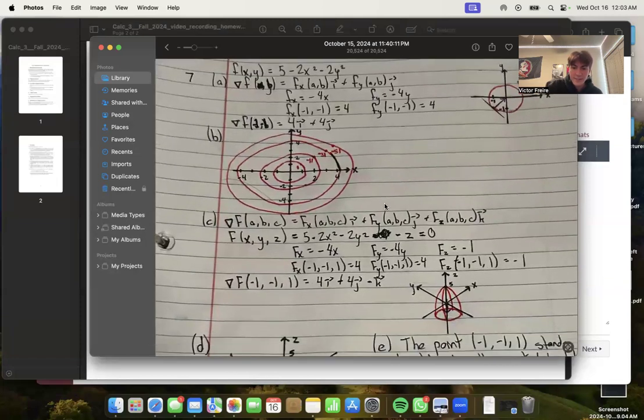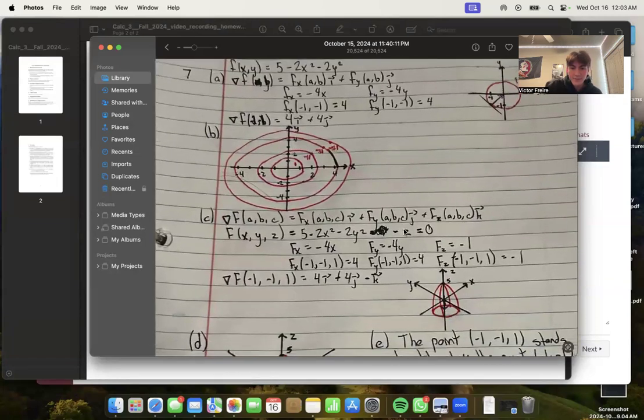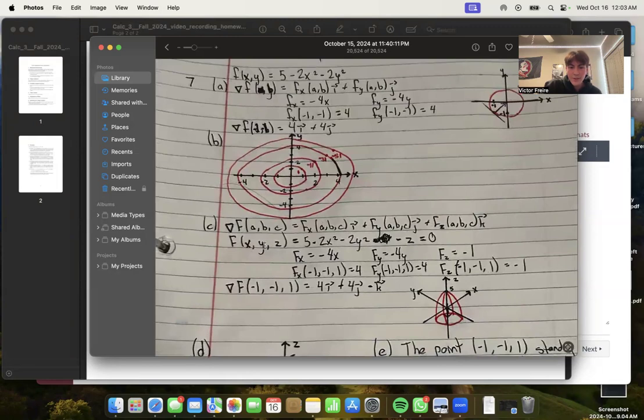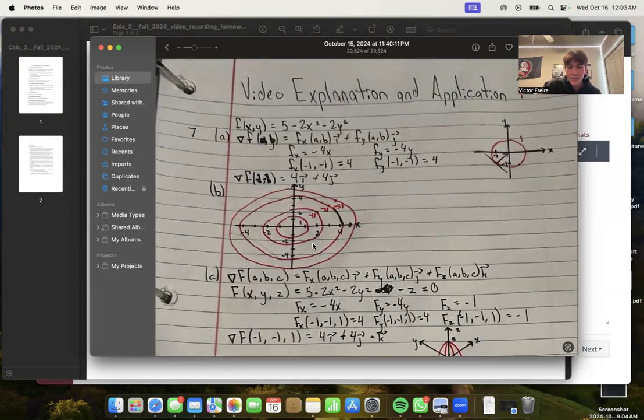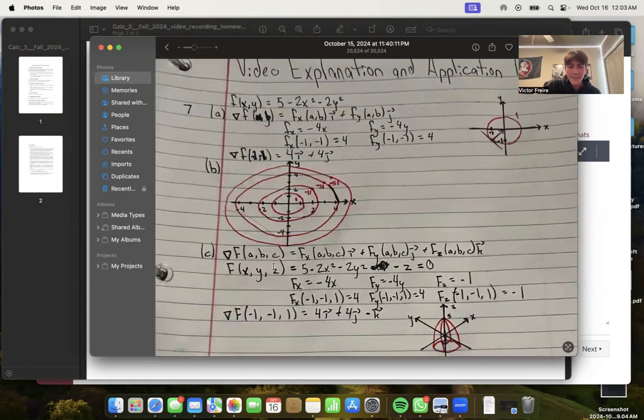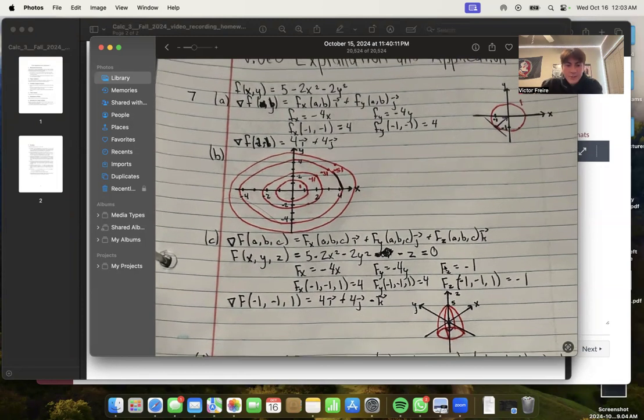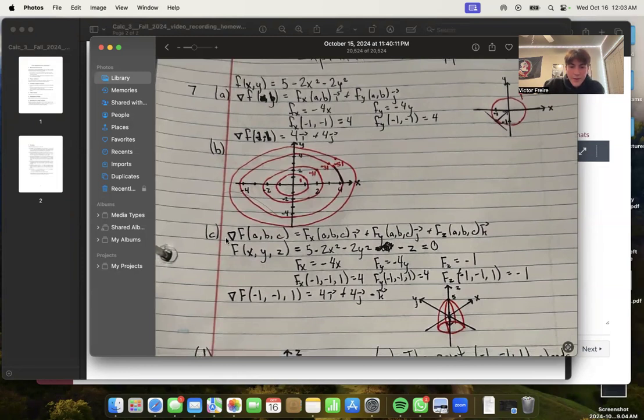You can kind of see this down here, right? So it's still an equivalent equation. It's still the same function. It's just now z is going to be one of our inputs. It's going to be a three variable function. You set it equal to 0. It's still equivalent.